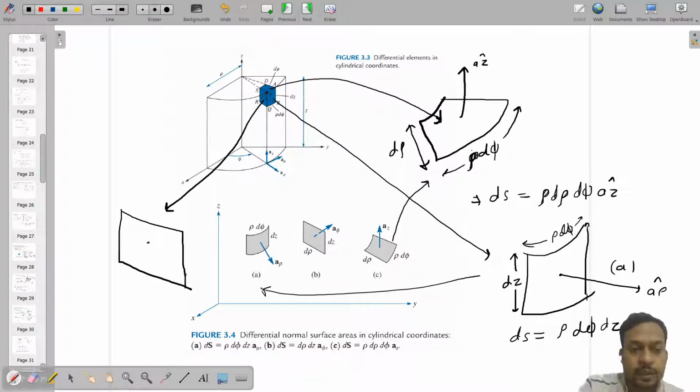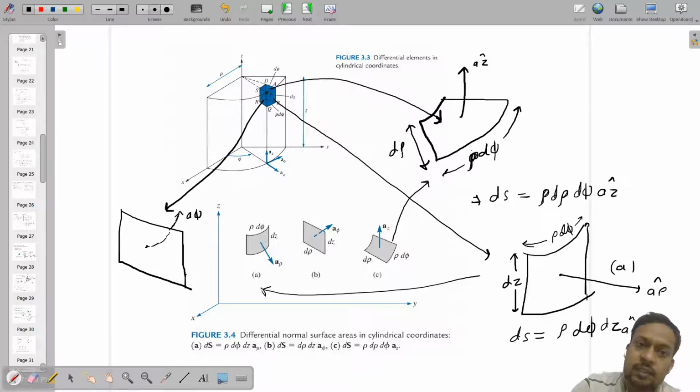The normal vector to this surface is a phi, into the plane, because the direction of the unit vector a phi is here.